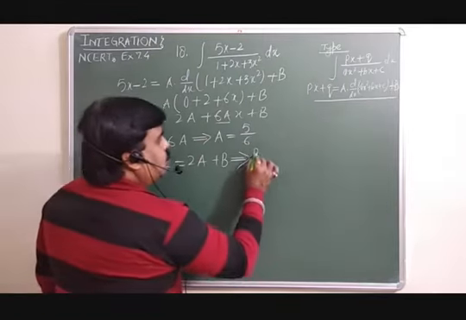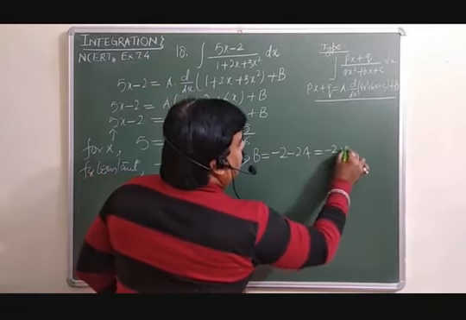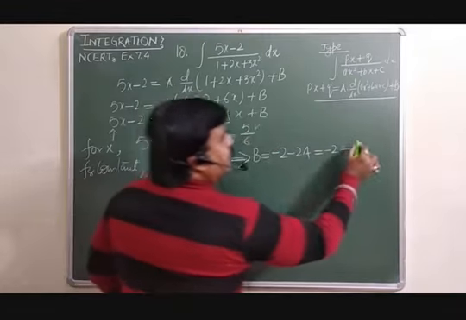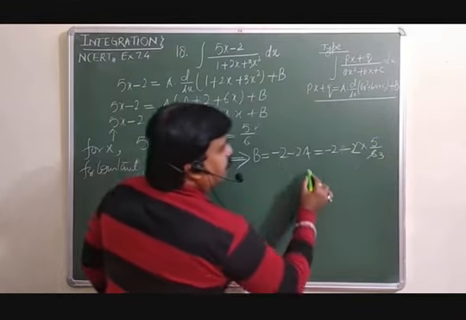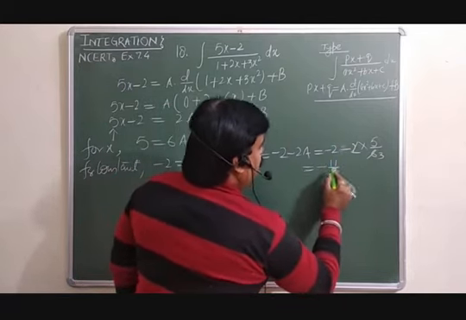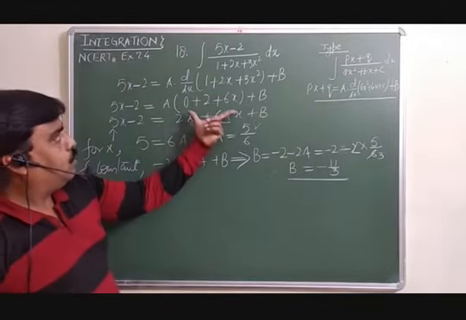So b is equal to what you will get: minus 2 minus 2a, this is minus 2 minus 2 into a, and a you already know is 5 over 6. So this is minus 2 minus 5 by 3, that is minus 6 minus 5 over 3, which is minus 11 over 3. And this is the value of b. These values you are supposed to put here only.